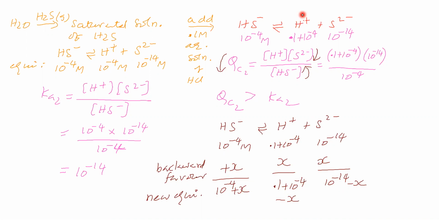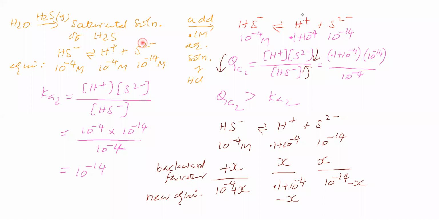Now let us see the concentration of sulfide in this solution. In this solution, the concentration of sulfide is this much. After adding HCl, the concentration of sulfide is this much. So, due to the addition of HCl, what happens to the concentration of sulfide you see?